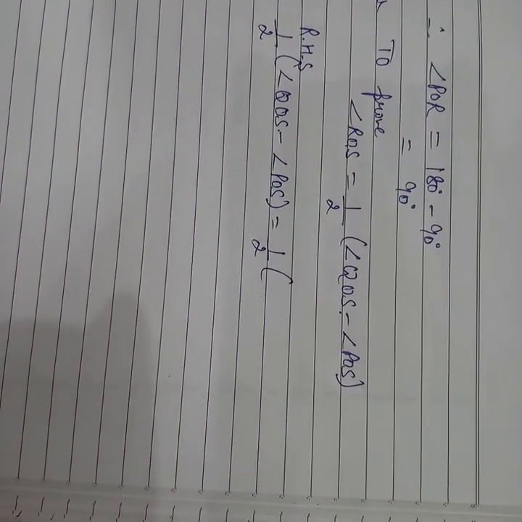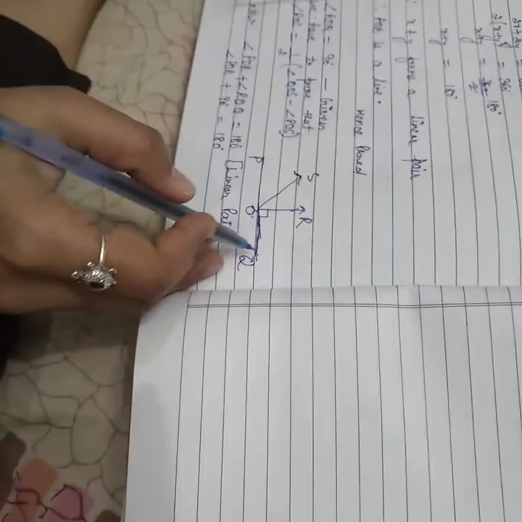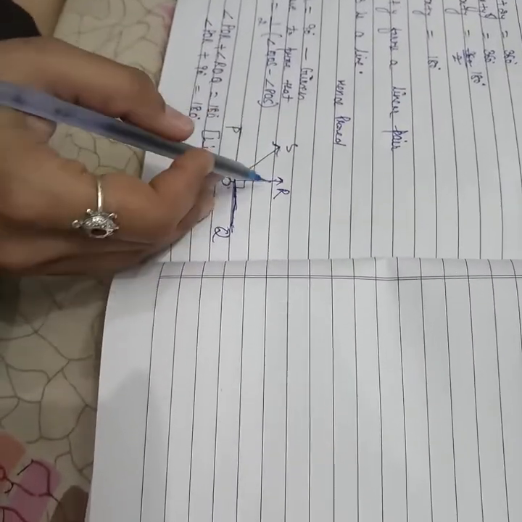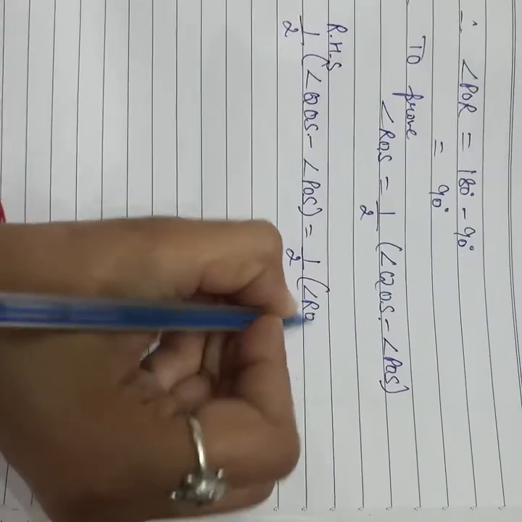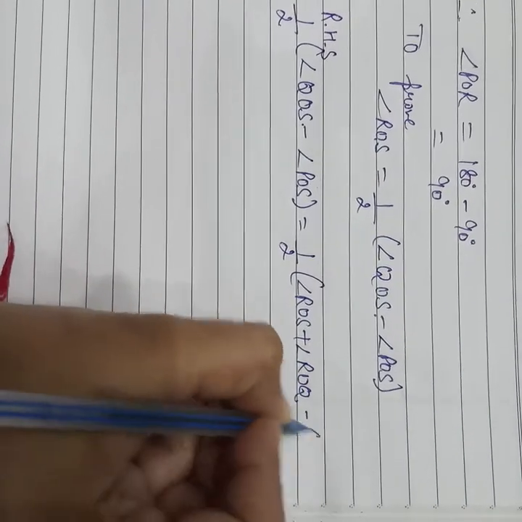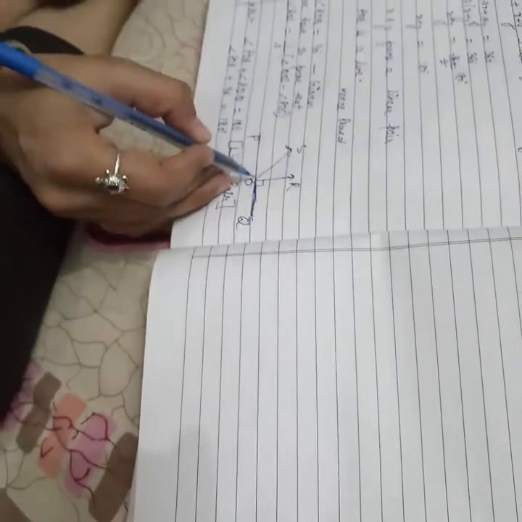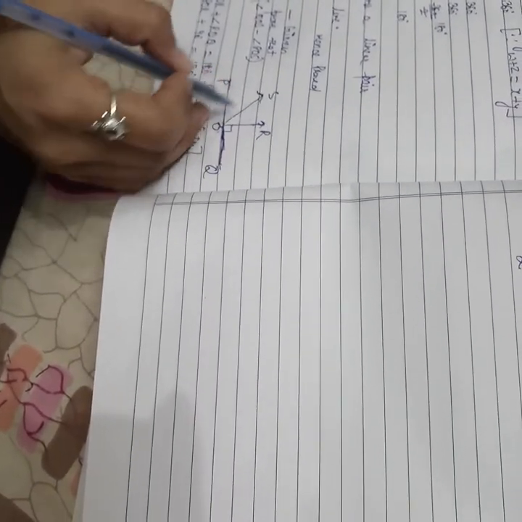QOS can be written as ROS plus ROQ. So we write it as ROS plus ROQ minus angle POS. It can be written as POR minus ROS.